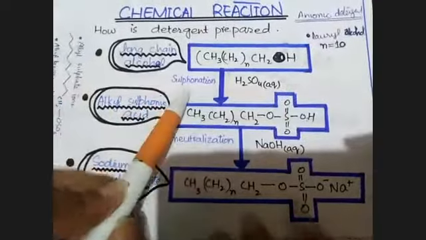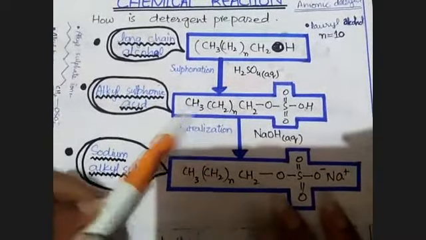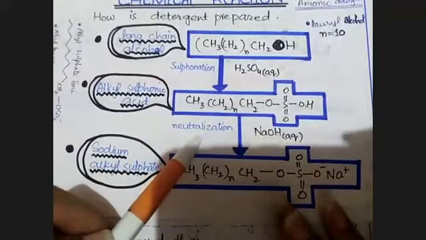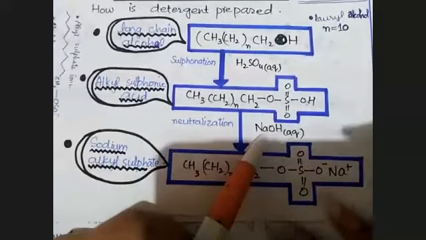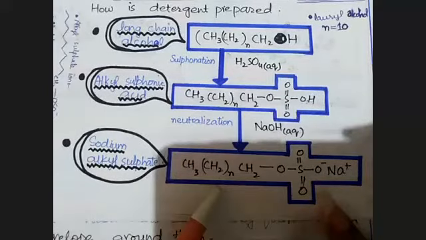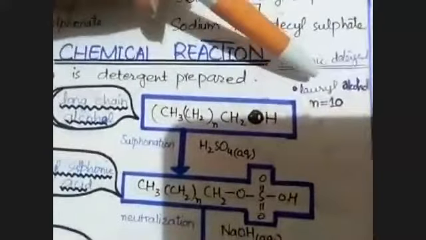After this, we obtain a product, which goes through a neutralization reaction with the base sodium hydroxide, and we obtain our desired product, detergent. Here is the n. If we replace the n with the number 10, we get lauryl alcohol, and this is how we obtain the raw sodium lauryl sulfate detergent.